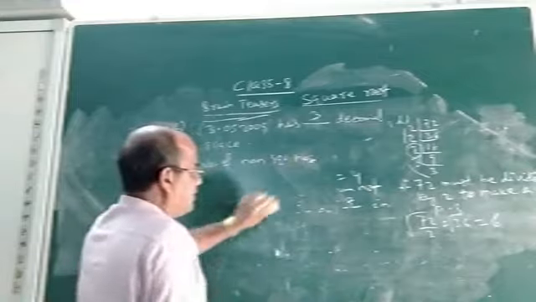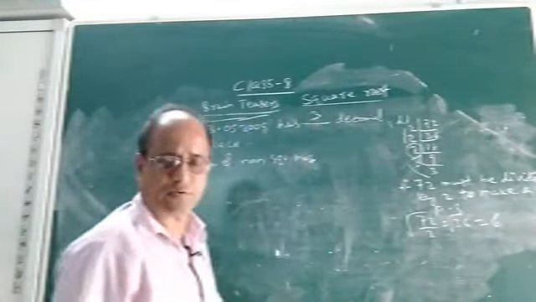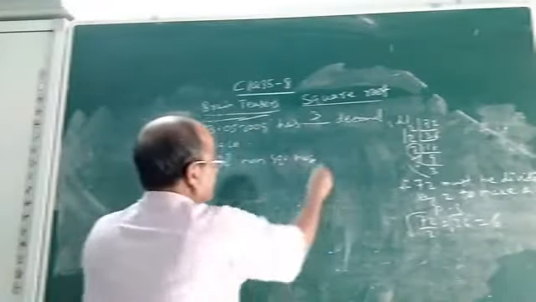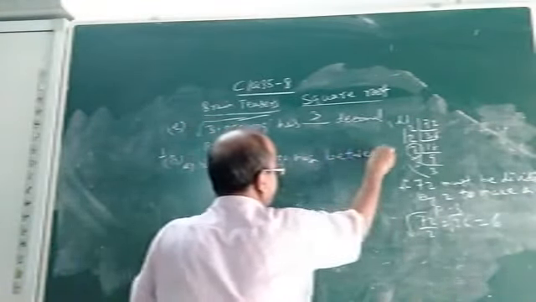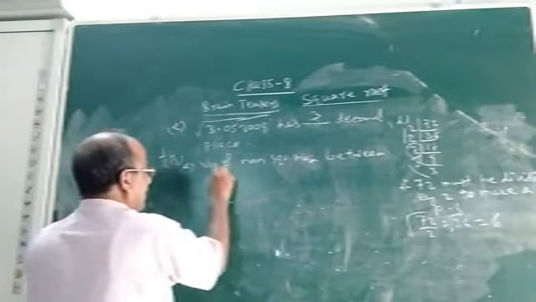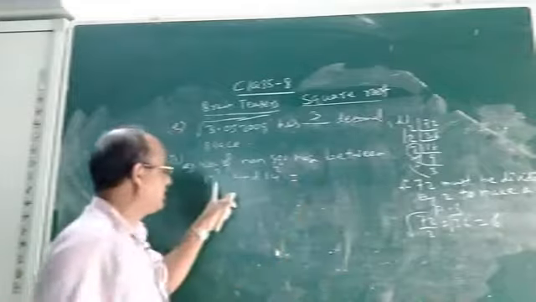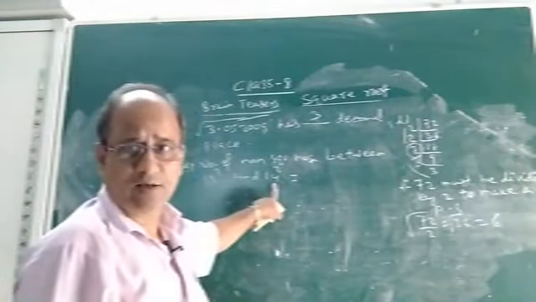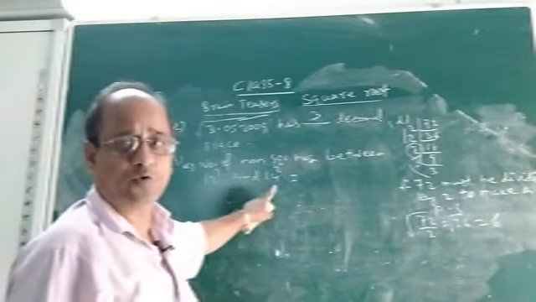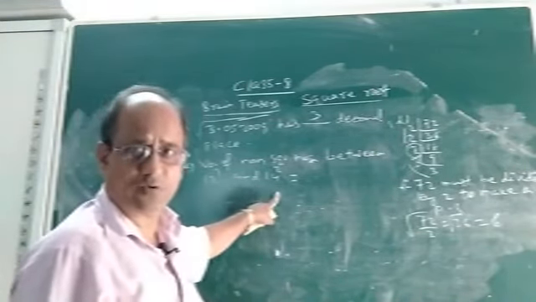Non-square numbers means non-perfect squares, or numbers which are not perfect squares, between 13 square and 14 square. How to find out? What is the formula? Take 13 as n and take 14 as n plus 1. It is the square of any 2 consecutive natural numbers.